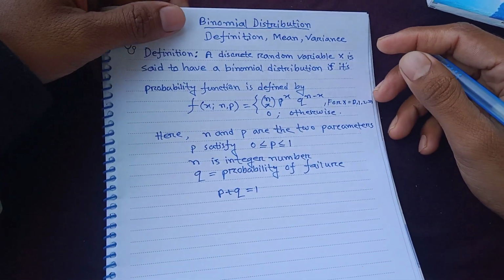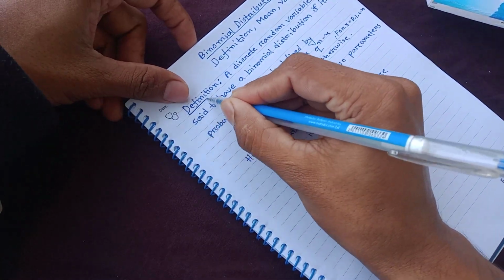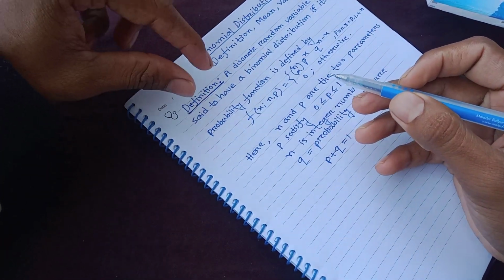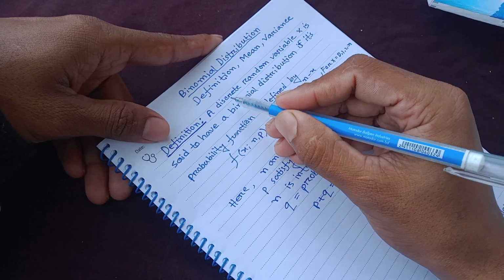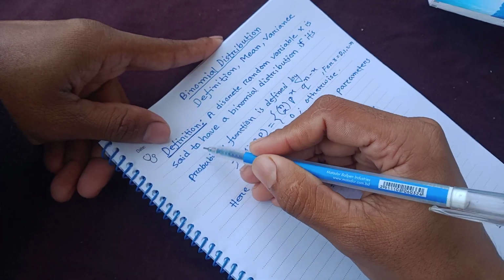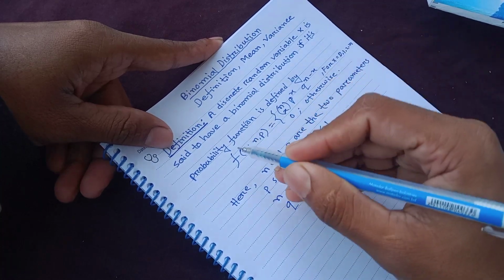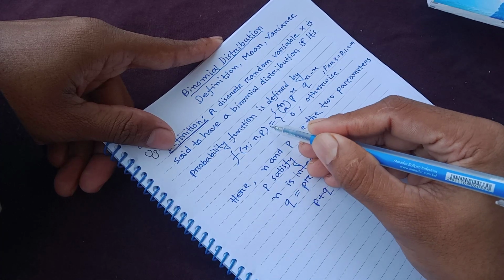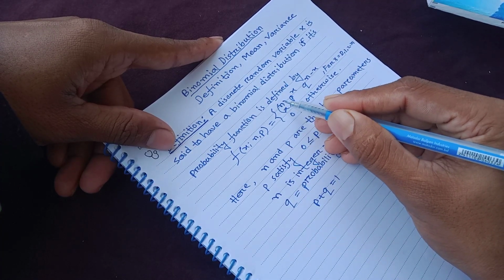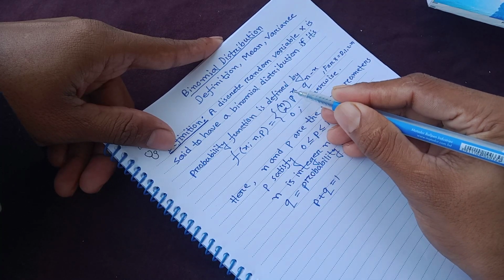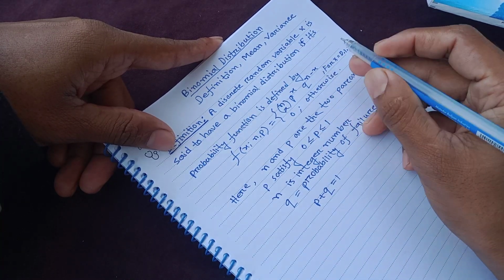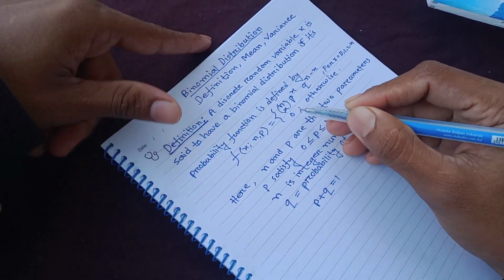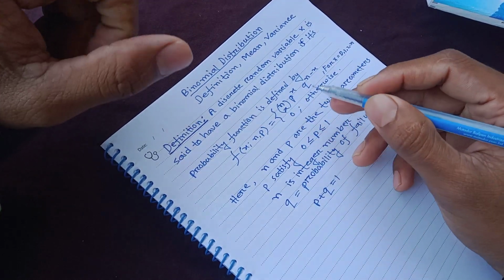Now first I will try to define the binomial distribution. Here the definition is: a discrete random variable x is said to have a binomial distribution if its probability function is defined by f(x; n, p) equals n combination x into p to the power x q to the power n minus x, for x equals 0, 1, 2, up to n, and this becomes 0 otherwise.